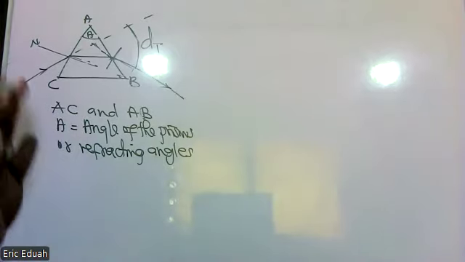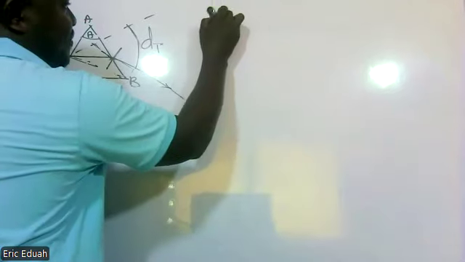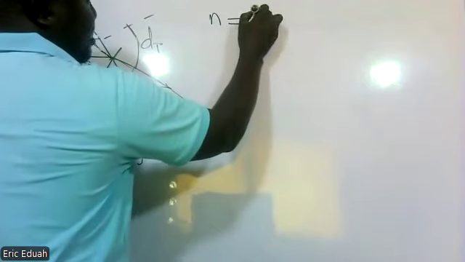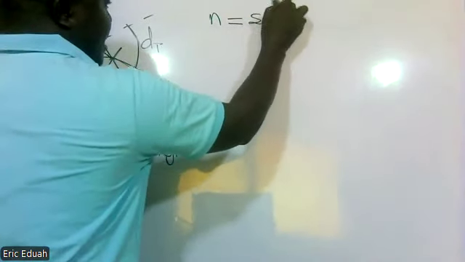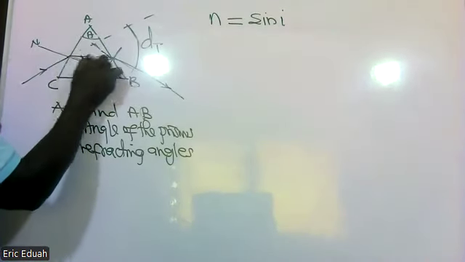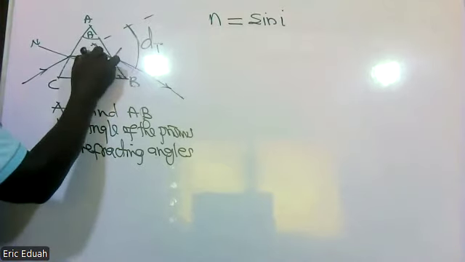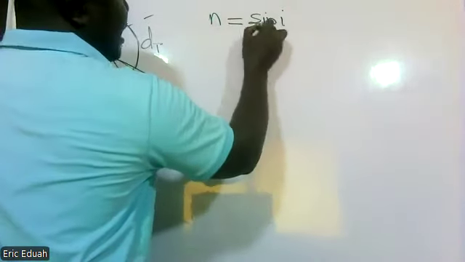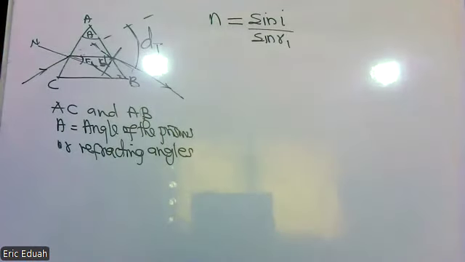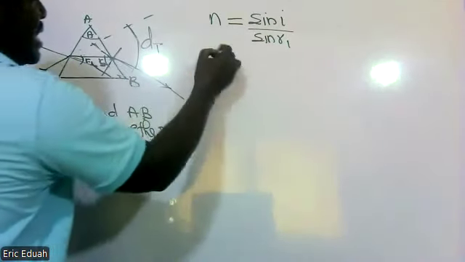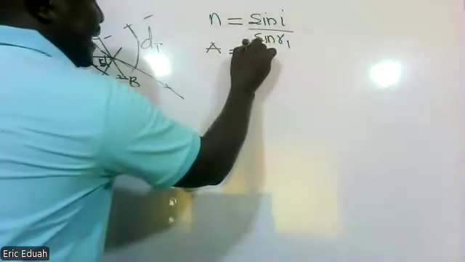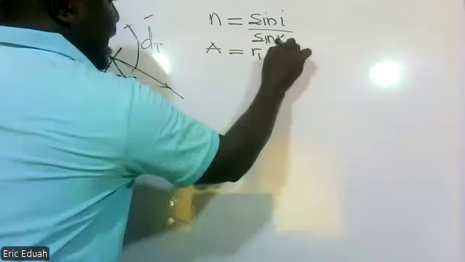By using this, we deduce that the refractive index of the prism can be determined by Snell's law: sine I over sine R1. This is R1, this is R2. Then we were able to deduce that the angle of the prism A is equal to R1 plus R2.